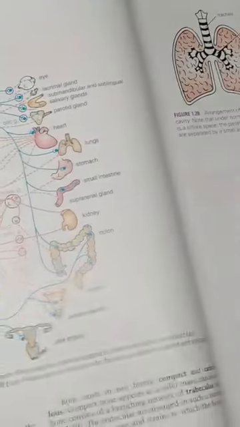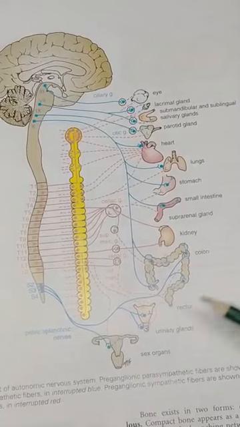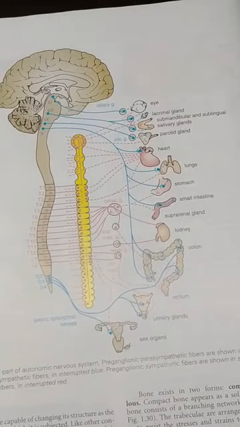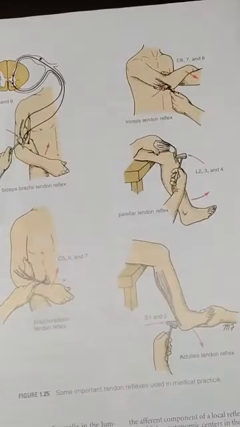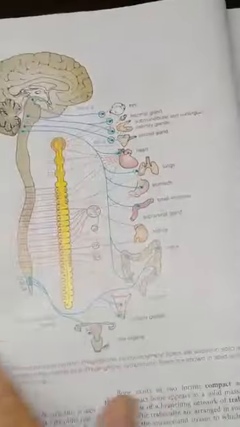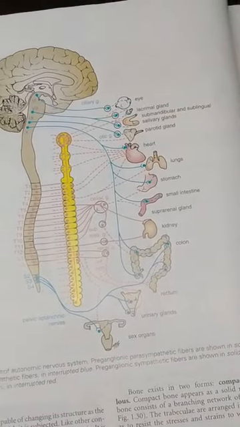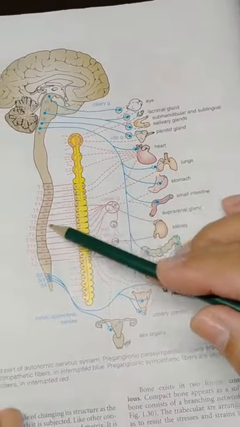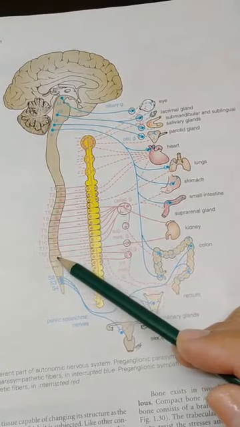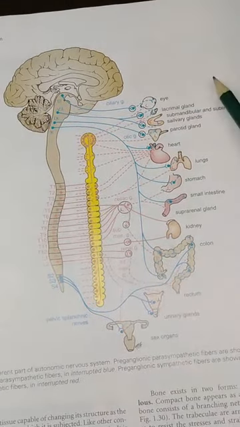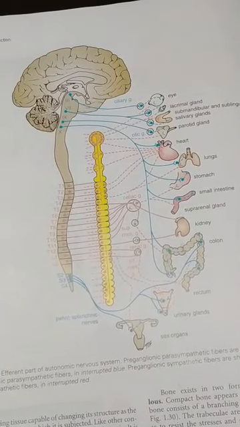Okay, now this is another picture which illustrates the autonomic nervous system. Take note again. We take up first the sympathetic, and we know that the connector neurons, which give rise to the preganglionic sympathetic fibers, are found in the lateral horn of the gray matter of the spinal cord.